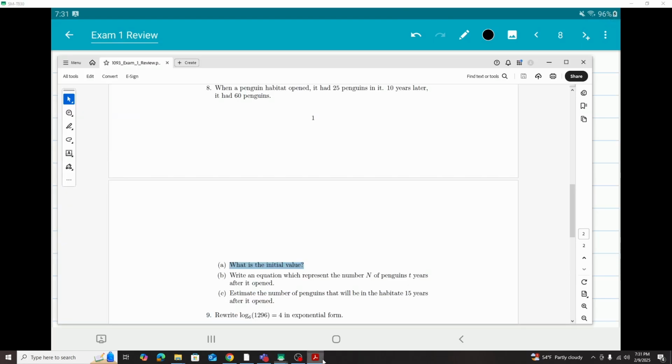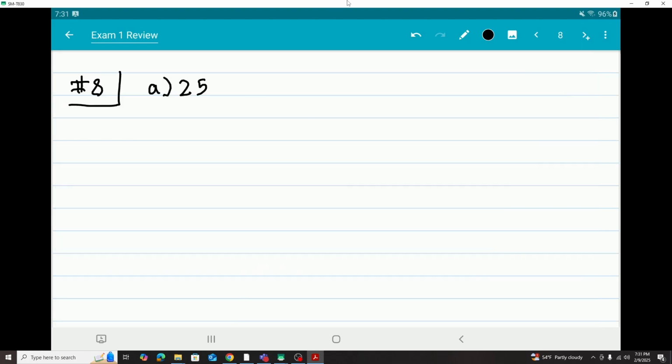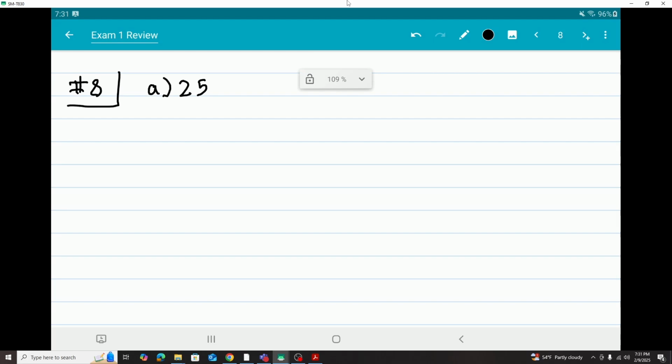And so why is that important? Well, part B is asking us, write an equation which represents the number n of penguins t years after it opened. And I'm going to add to that, your answer should be in the form y equals a times b to the x. So it should be in an exponential form.